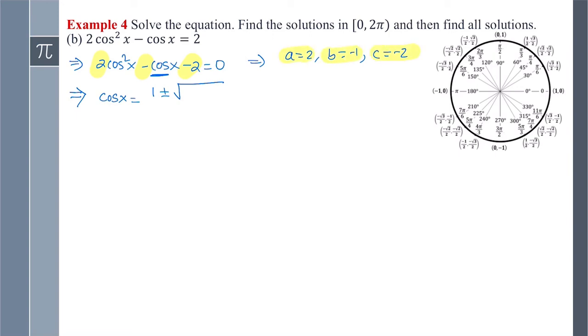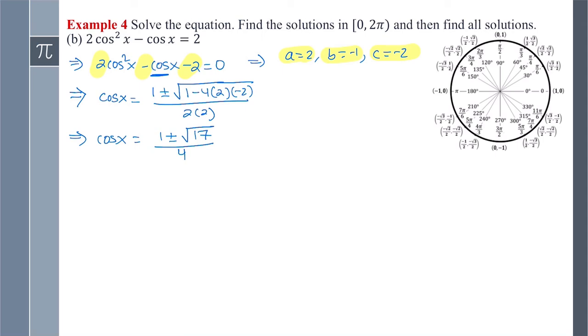And when you put that in the quadratic formula, this is -1 squared, which is 1, minus 4 times a, which is 2, times c, which is -2, over 2 times a. So cosine x equals 1 plus or minus the square root of: -4 times 2 is -8, times -2 is positive 16, plus 1 is 17, over 4.